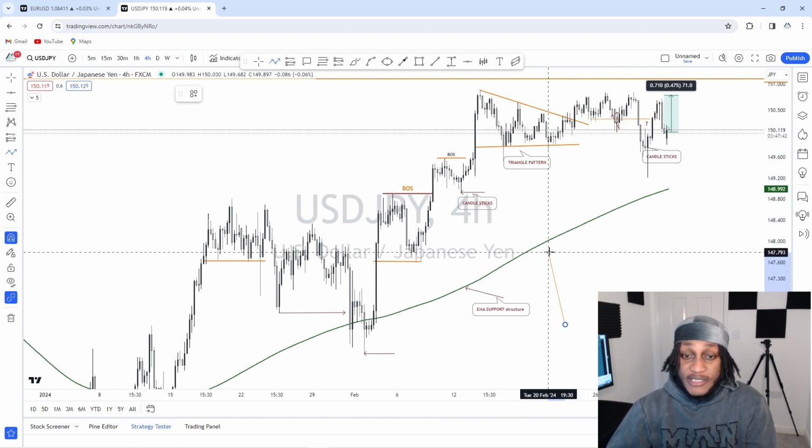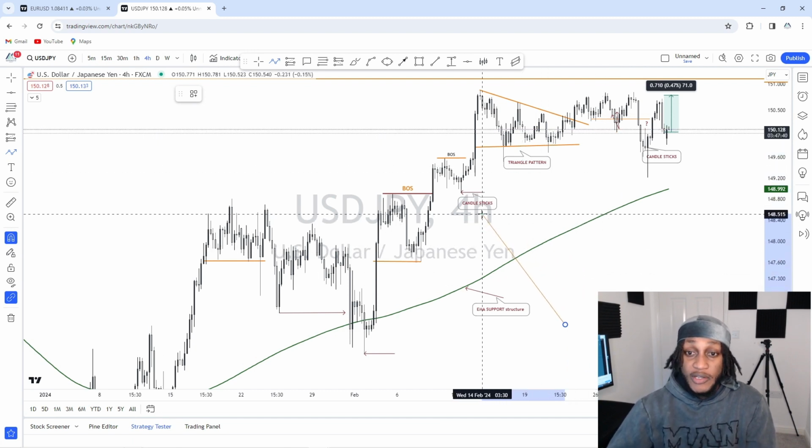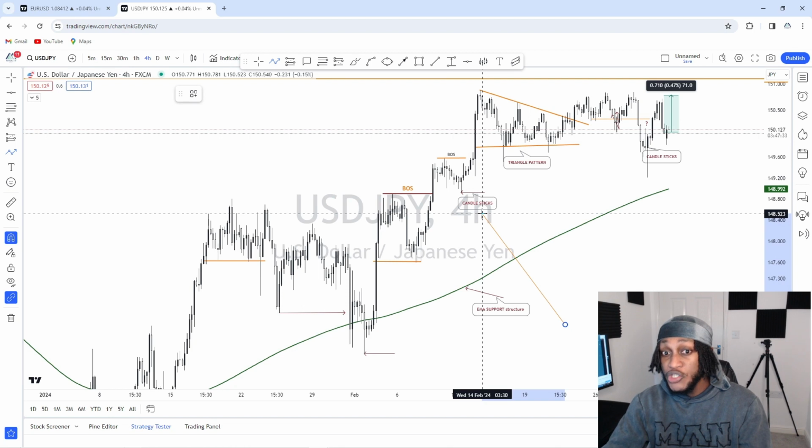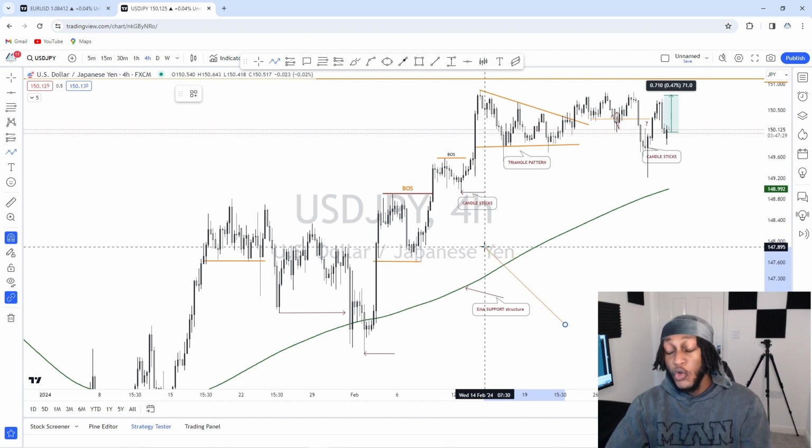My second thing that I'm going to be looking at is my candlesticks. I love to look at my candlesticks where we have our push and pull phase, which is known as our higher highs and higher lows, or lower lows and lower highs, depending on which direction the market is actually going.